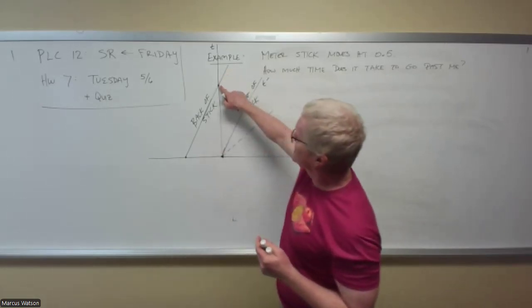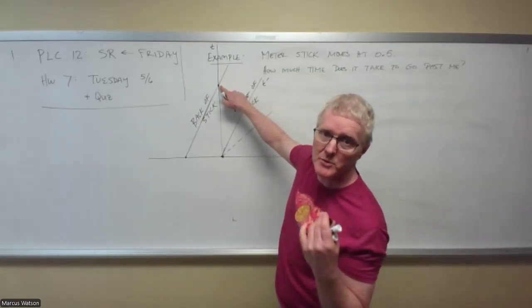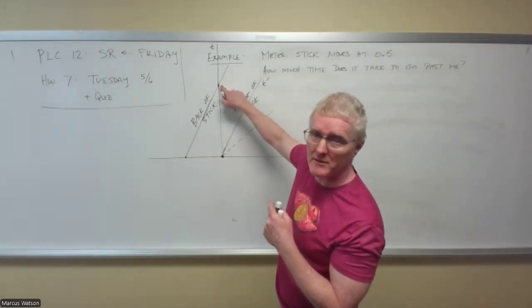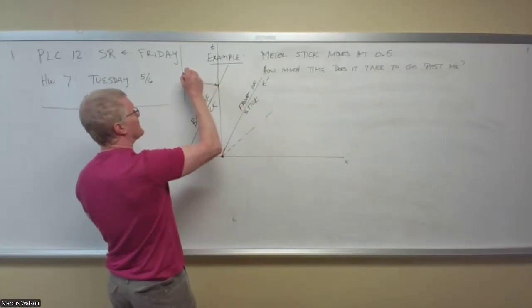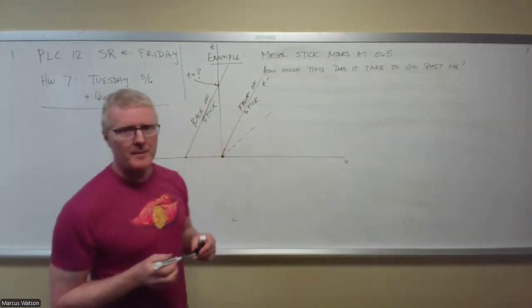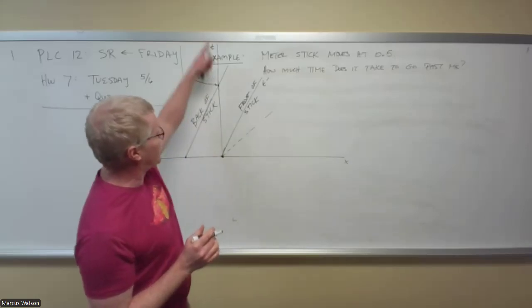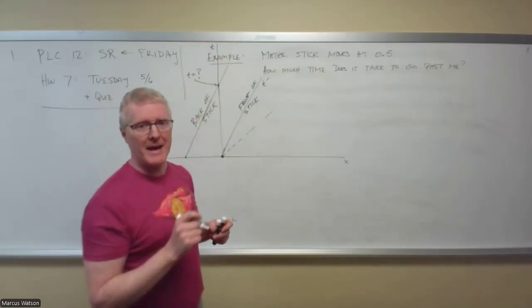The back of the meter stick passes by the x equals 0 point there, so I'd be interested in what's the reading on the clock at this point. I'm looking at the earth frame, that's this axis here. What's the time reading on that frame when the back of the meter stick passes by?